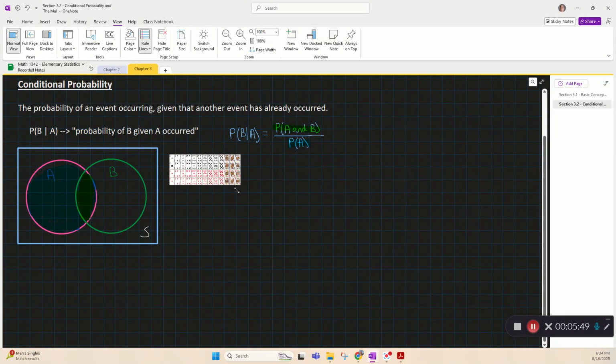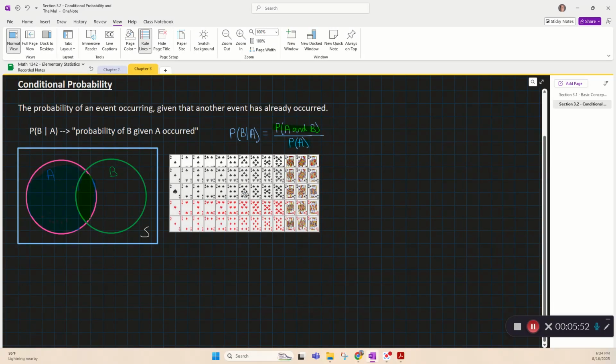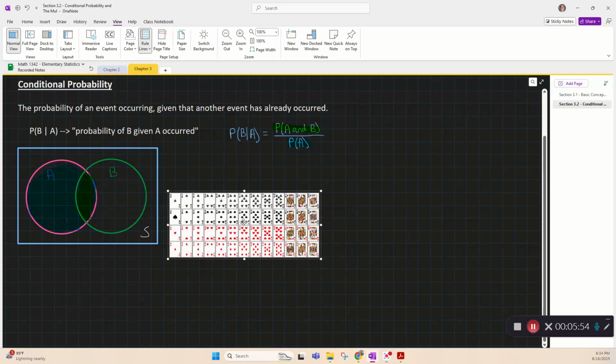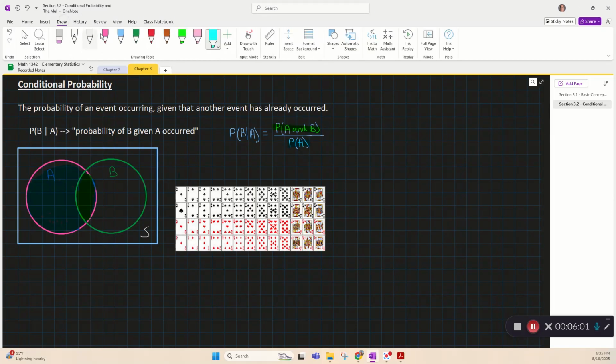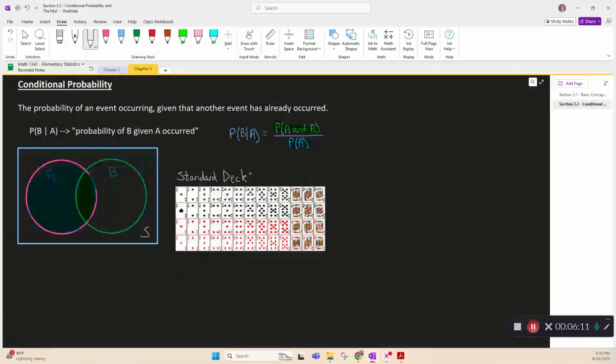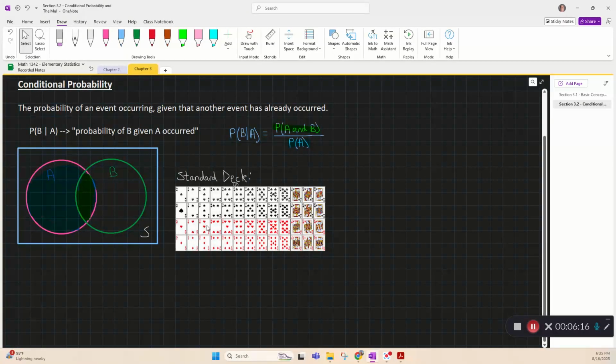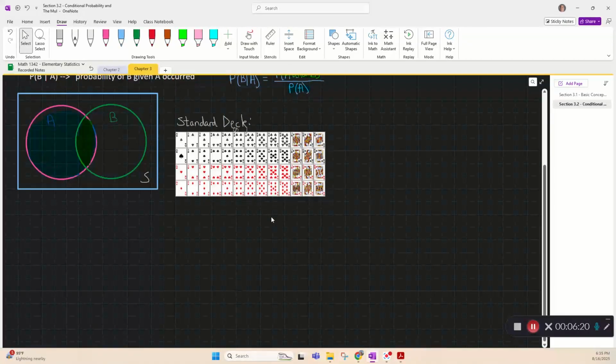Okay, so this is our standard deck of cards. So we have 52 cards total. We can see the black ones. The black is clubs and spades, red's hearts and diamonds. But that's our standard deck.